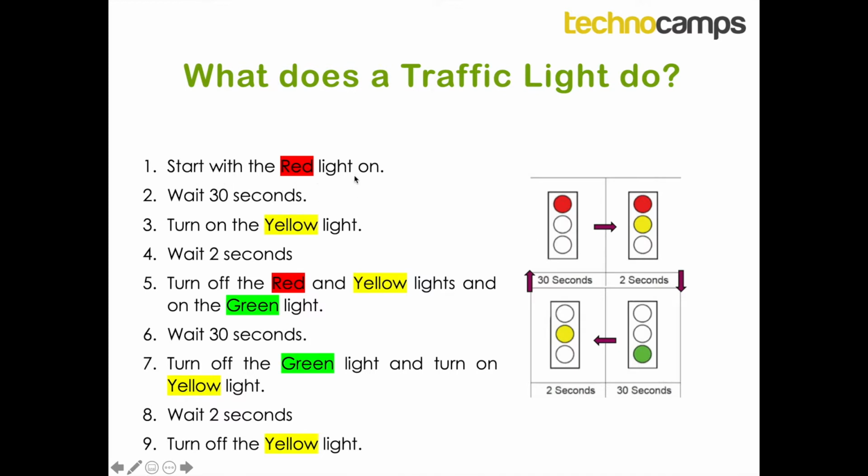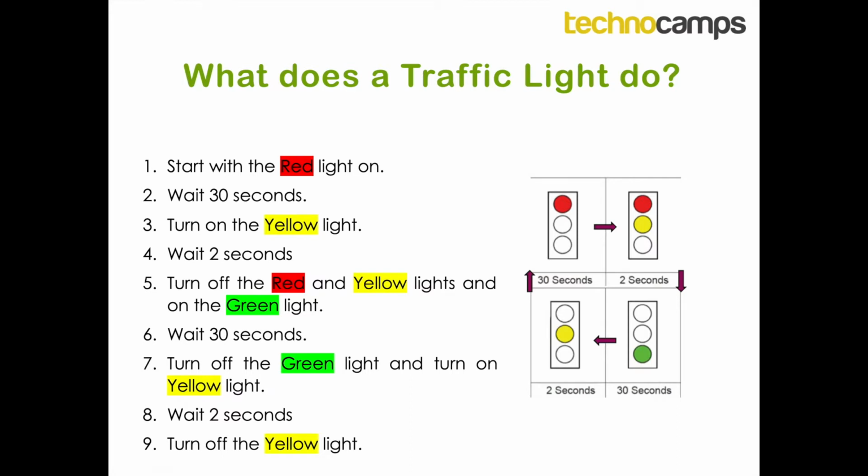So we start with the red light on, we wait 30 seconds, we turn on the yellow light, we wait 2 seconds, turn off the red and yellow lights, turn on the green light, wait 30 seconds, turn off the green light, turn on the yellow light, wait 2 seconds, then turn off the yellow light and go back to the beginning, turning on the red light. Okay, so that's two ways to look at the behavior of a traffic light.